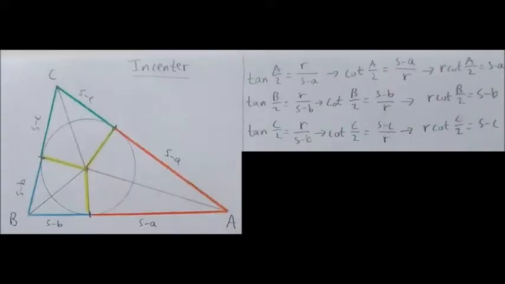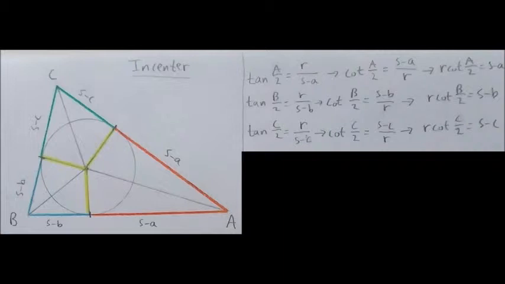Take a look at the orange sides, representing length s minus a. Remember that the yellow segment is the radius of the incircle, which is perpendicular to the triangle sides. This means there are two similar right triangles here, oriented symmetrically along the hypotenuse. The angle A is bisected into equal angles.